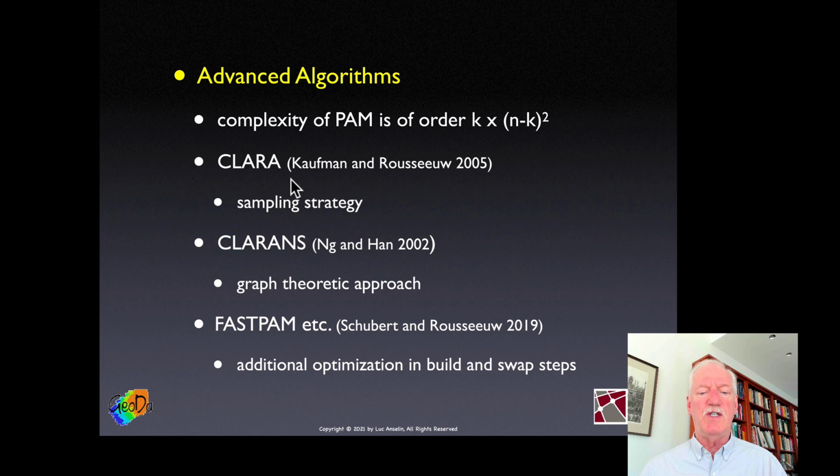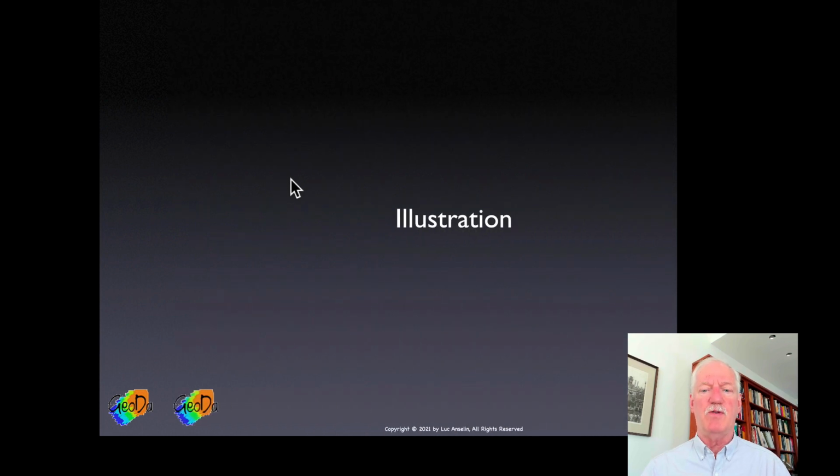And then in a recent paper by Schubert and Rousseeuw, a number of fast PAM and fast Clara and fast Clarans algorithms are outlined, which actually cut corners in the build and the swap steps, avoiding redundant calculations, basically. The details you can find in the papers and in the lab notes.